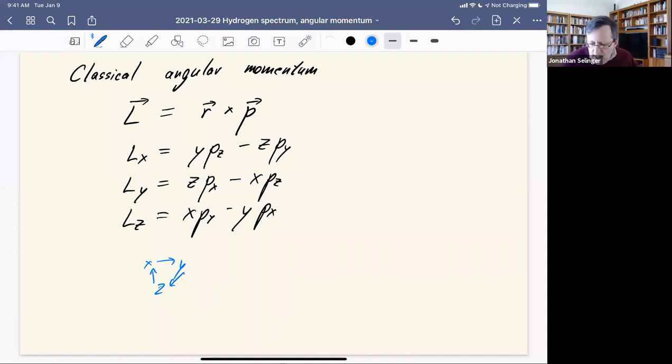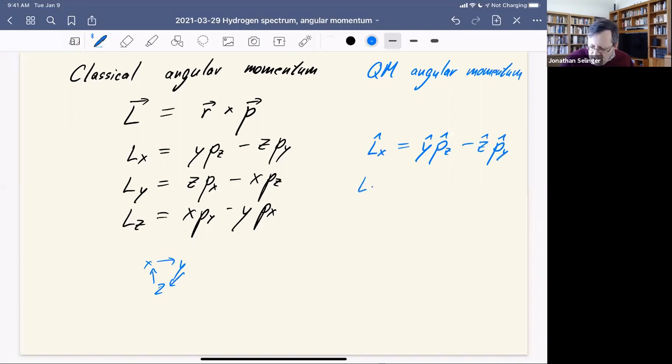Okay, so now, if we want to do the quantum mechanical analog of that, we would say for quantum mechanical angular momentum, we can make everything be an operator. So we would say the angular momentum in the x operator should be the y operator acting on the pz operator minus the z operator on the py operator.